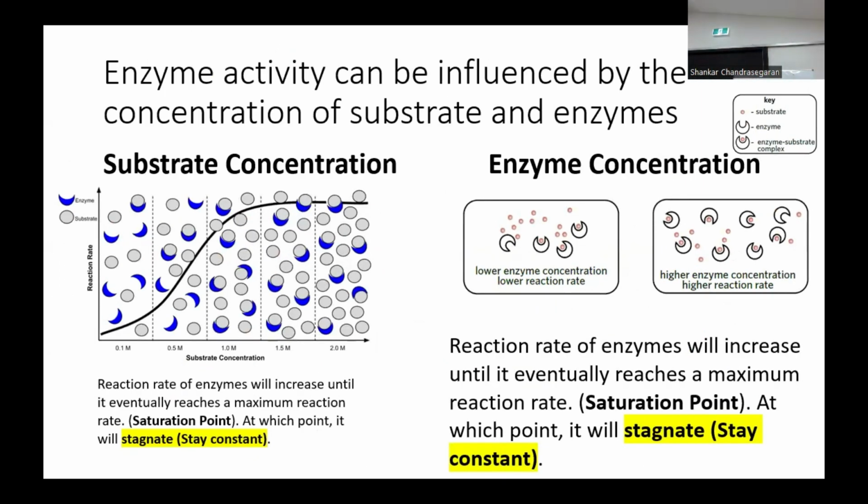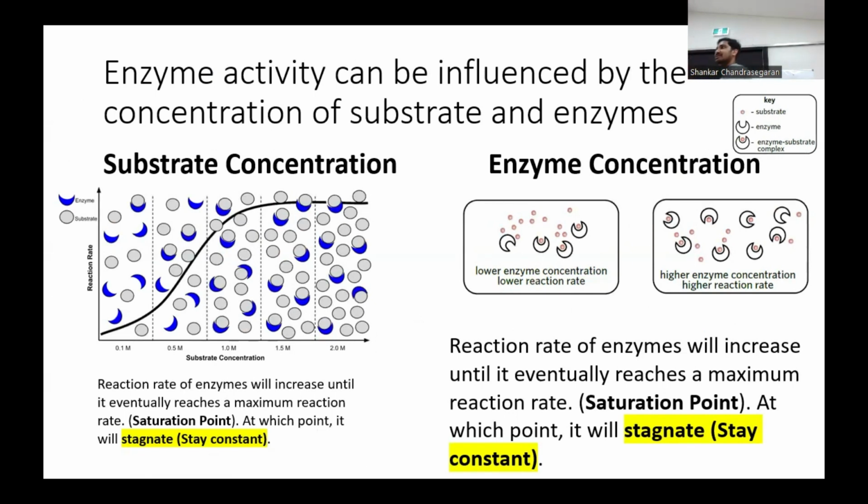So both of them will experience that saturation point, because if one or the other is lacking, it won't be able to increase the rate of reaction. They both need to bind to each other to undergo the reaction. So if either the enzyme or the substrate is lacking, then the reaction rate will stagnate.